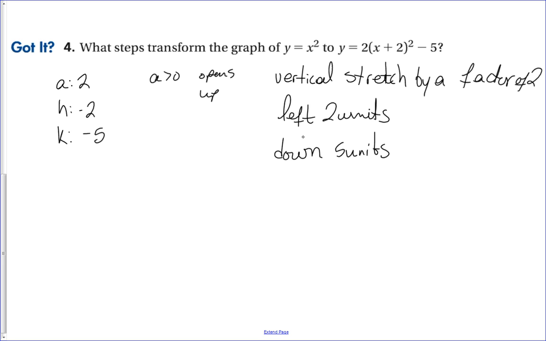Since a is greater than 0, it still opens up, so that didn't change anything. This +2 moves it to the left 2 units, and this -5 on the end moves it down 5 units. So hopefully you got that. It's pretty easy.